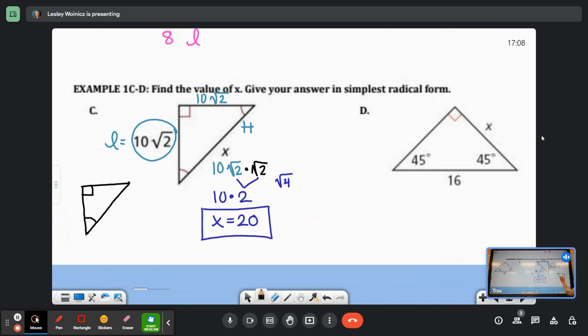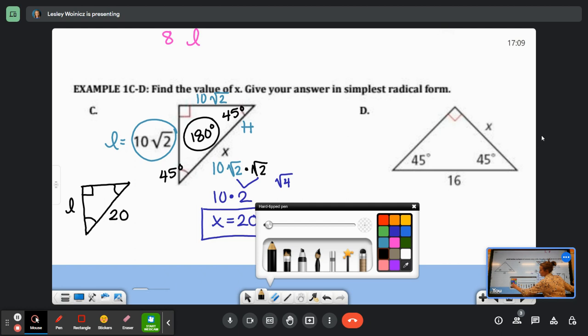I know my base angles are congruent, so they're both 45. If they mark them as congruent, they have to be 45 because they all have to add up to 180 degrees, right? The 90 and the two 45s. So I've got my two congruent base angles that are both 45, and let's say they gave me 20 for the hypotenuse. How would I then find my leg?